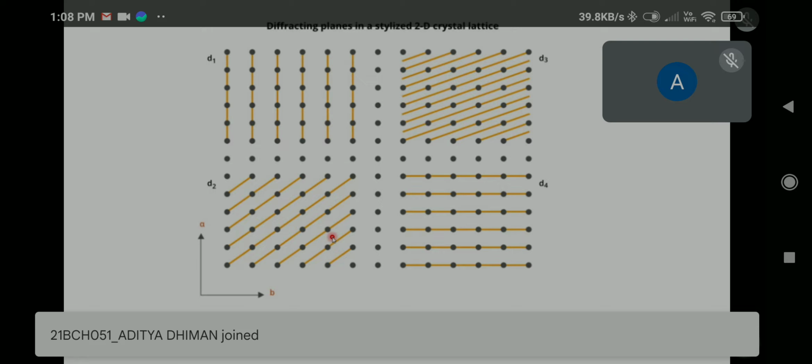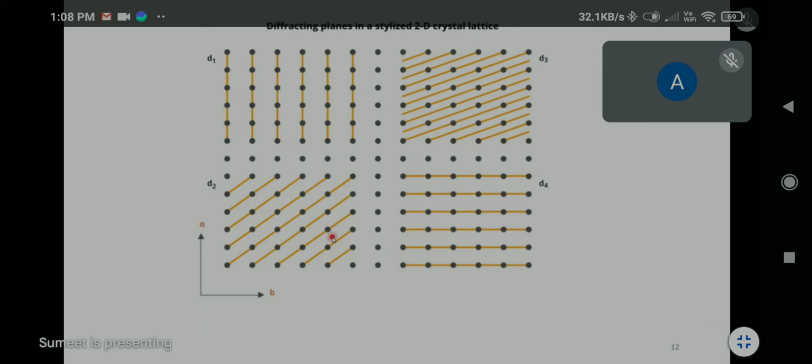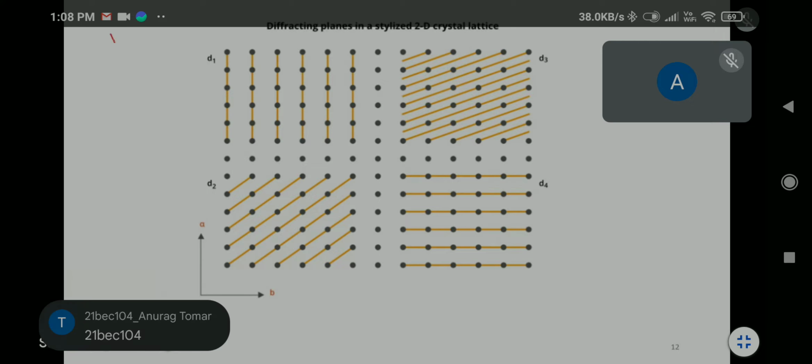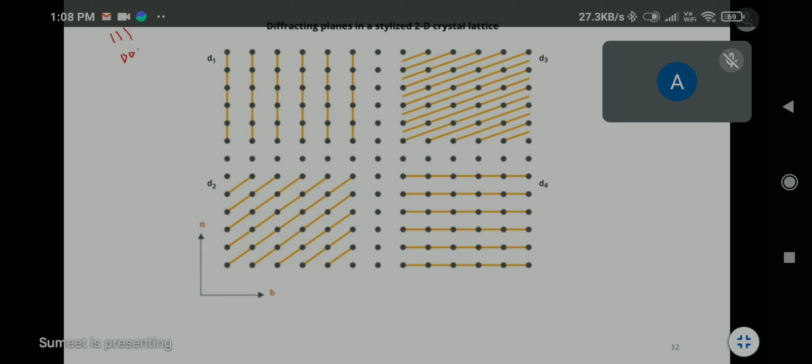In the case of Miller indices of planes, you have seen that there are different types of planes, like the 0, 0, 1 plane, and different types of planes you can draw in a cubic crystal structure.